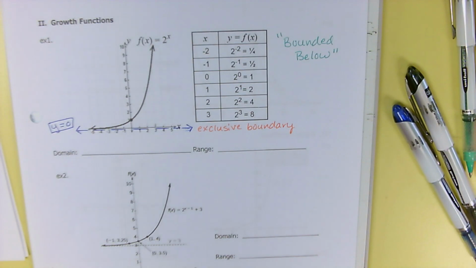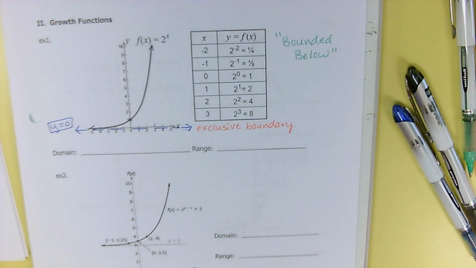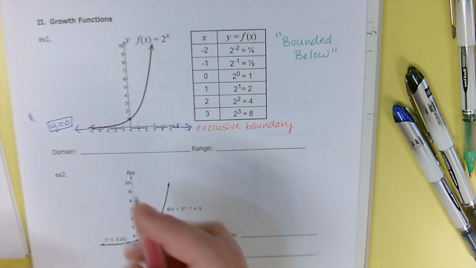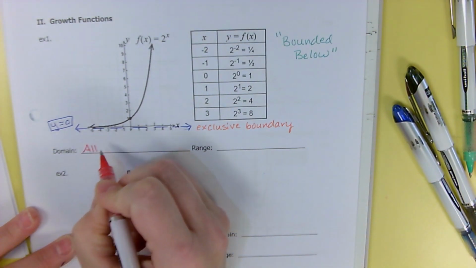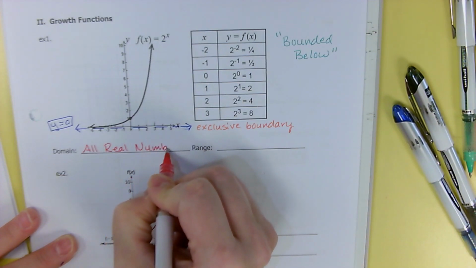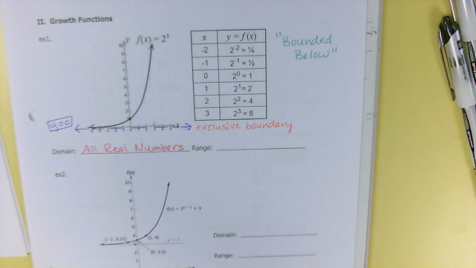Now, in a basic exponential function, whether it's growth or decay, it's going infinitely left and infinitely right. So if you have to do the domain, it's pretty much everything because there's no breaks or gaps. So everything, remember, is all real numbers, which means no breaks or gaps. Now, the range, on the other hand, does have a limitation.